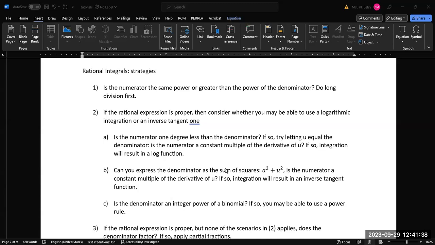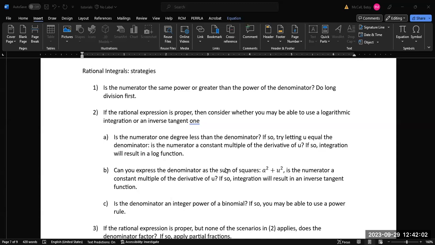So the very first thing that you want to think about when you're doing an expression involving a rational function is, is it a proper rational function? Is the numerator a lower degree than the denominator? Because that is what's considered a proper rational function. Some of the techniques, like partial fractions, are not going to work if the fraction is improper.